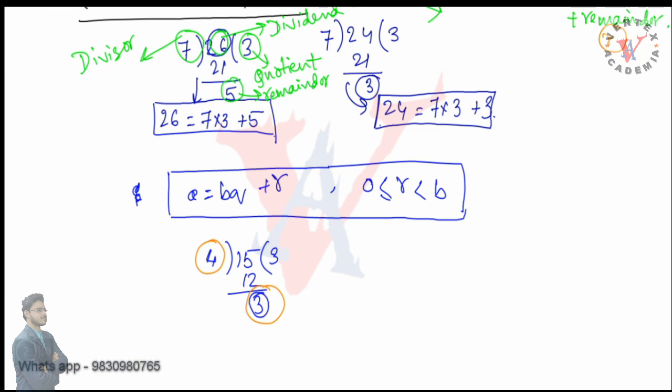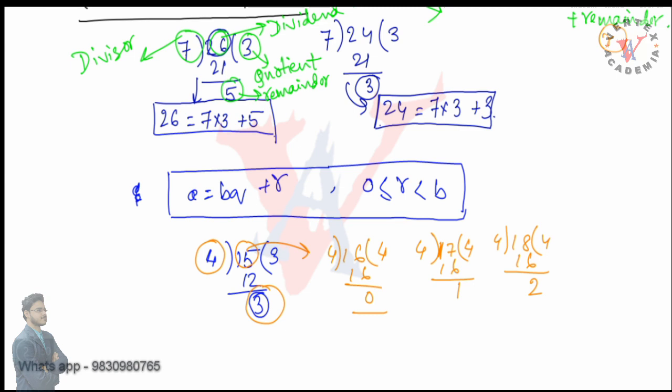Now you have to understand this. If this 15 were 16, and we divide by 4, then it gets completely divided. 4 4s are 16 and the remainder is 0. If it is 17, let us divide by 4. 4 4s are 16 and the remainder is 1. If it is 18, then 4 4s are 16 and the remainder is 2. If it is 19, 4 4s are 16 and the remainder is 3.